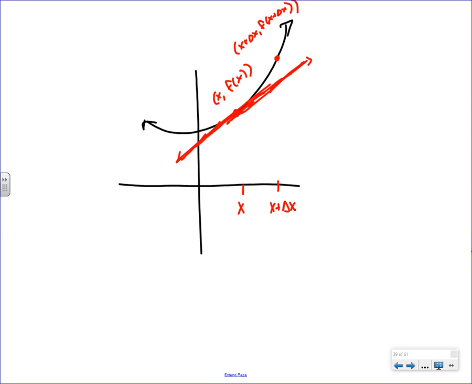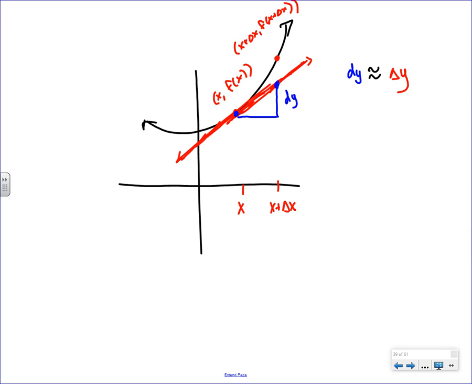No? Because if we're trying to do dy to approximate delta y, dy says go to x plus delta x on the derivative.